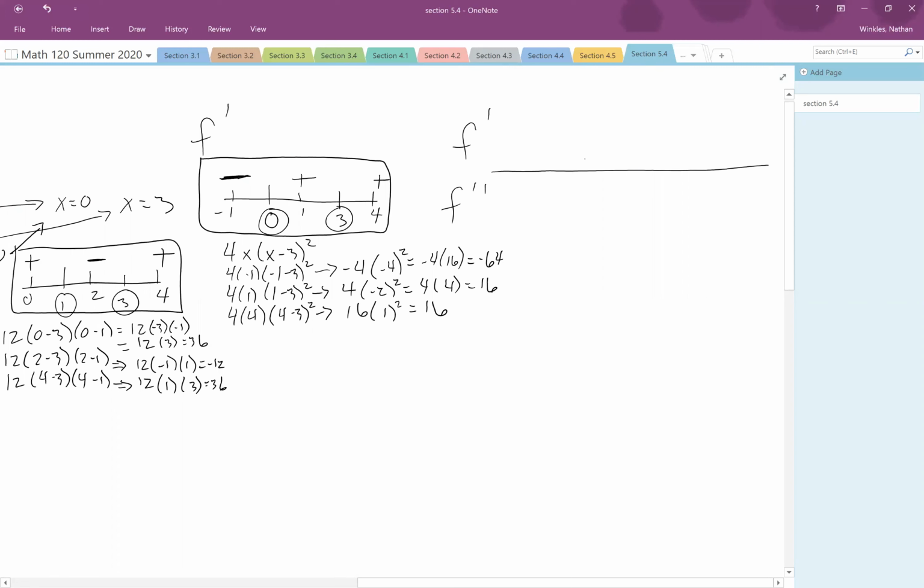For my first derivative, I have the points 0 and 3, and I go negative, positive, positive. For my second derivative, I have 1 and 3.